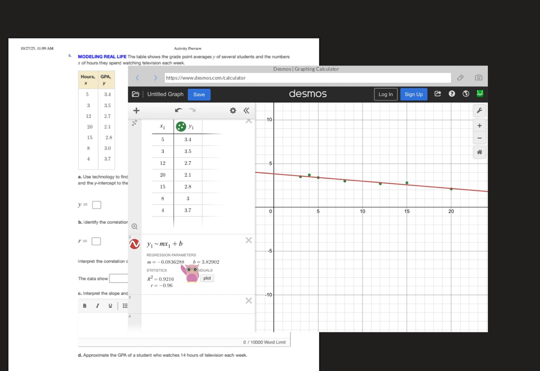Use technology to find the blah blah blah, and we've done that. So this answer right here is, I'm going to write it right here, y equals -0.08x plus 3.8.